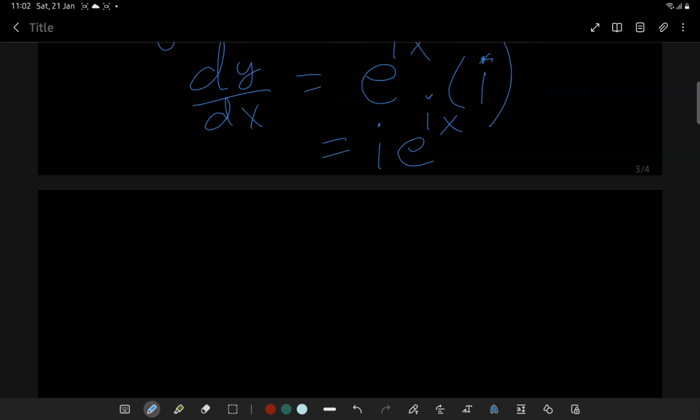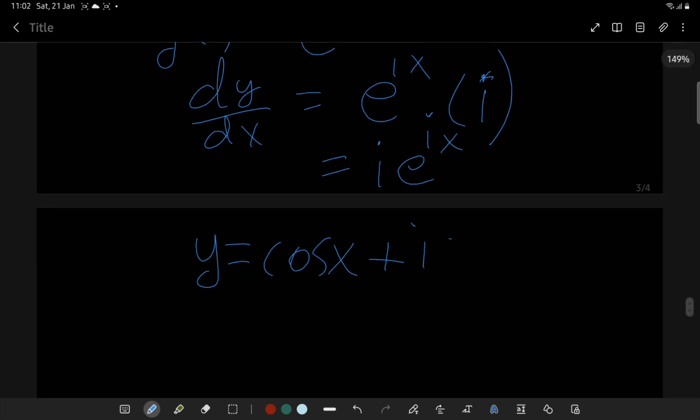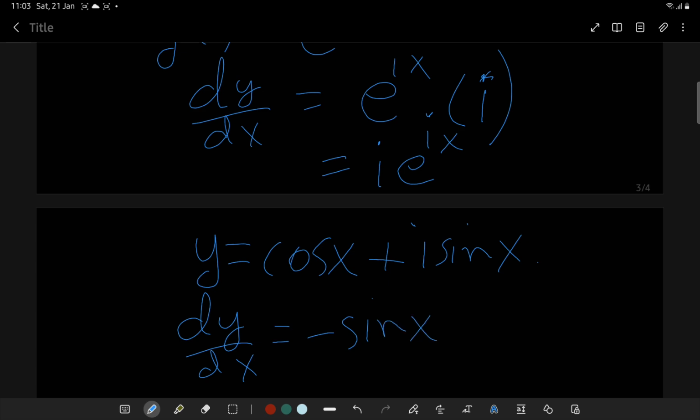I took y is equal to e power ix, right? So I'll take y is equal to cos x plus i sin x, which is equal to e power ix according to Euler. Now I'll verify. dy by dx: the derivative of cos x is minus sin x, plus the derivative of sin x, which is cos x, plus i times cos x.